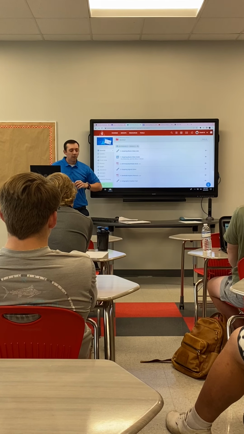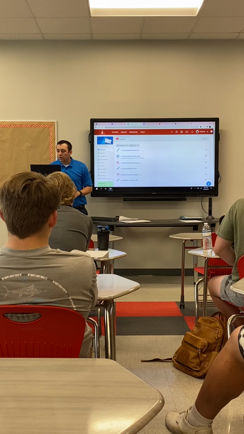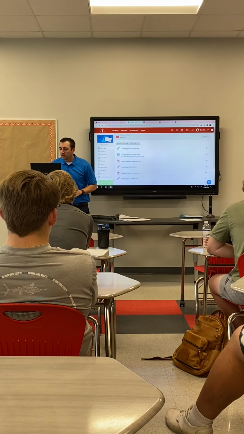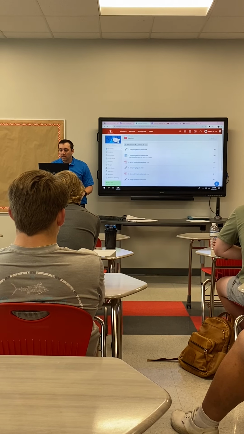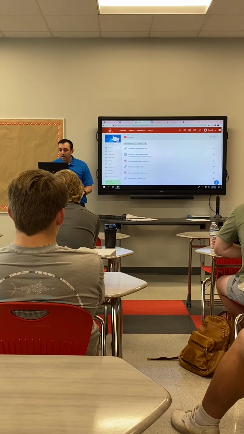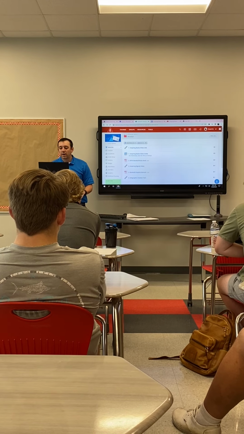And then the last part is going to be the infographic creation. So what you'll do is you'll still be in your groups, and you are going to be assigned a topic from the baseball umpire's manual.